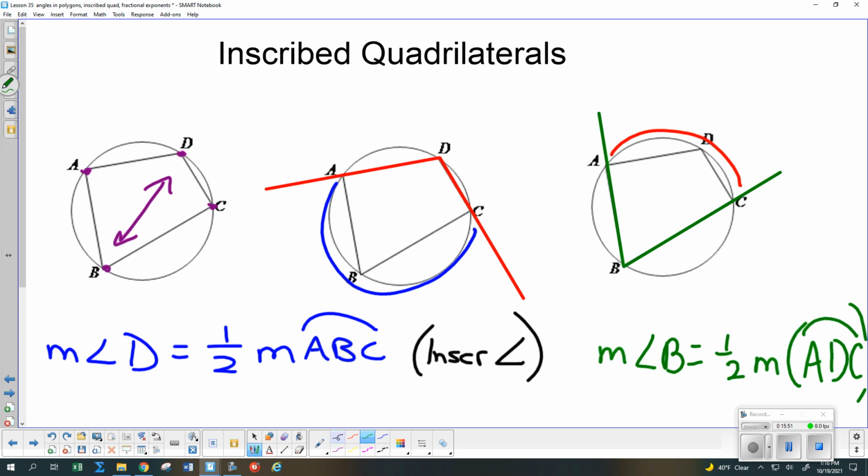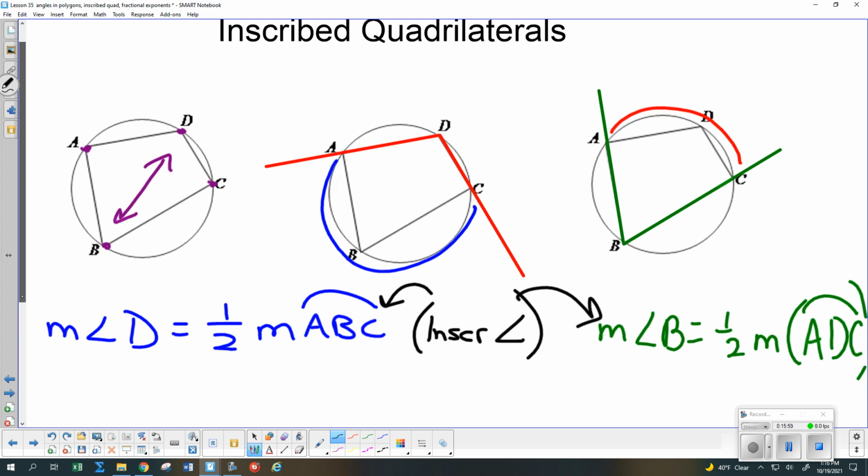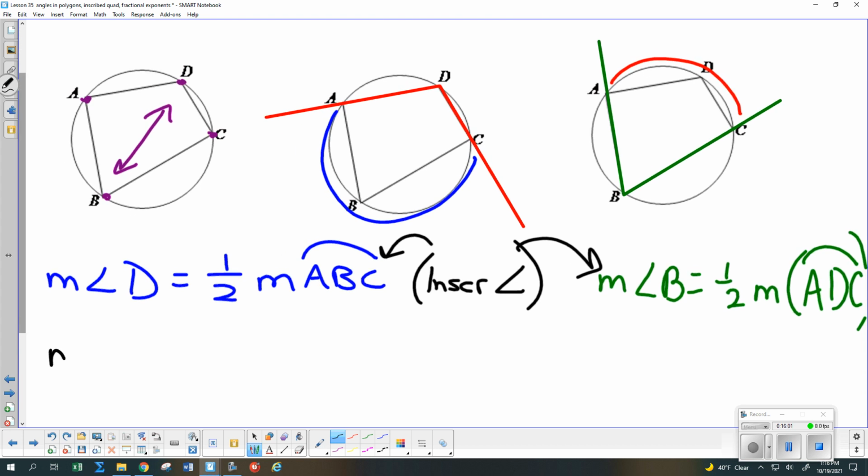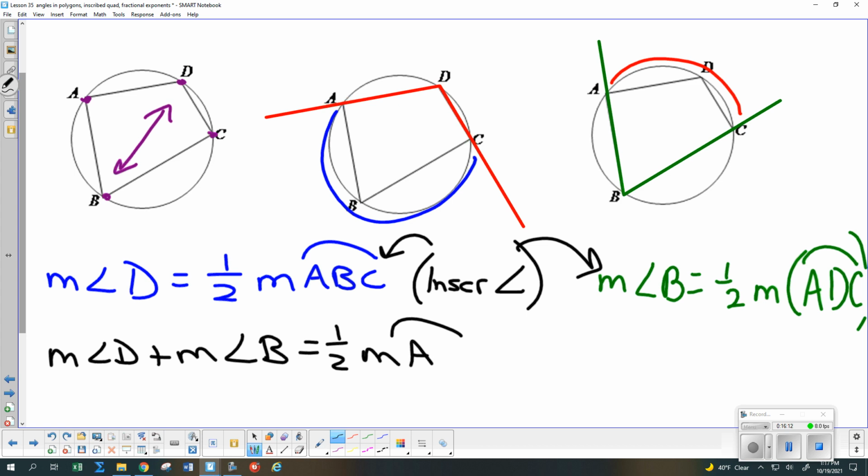And that is because that is also an inscribed angle. Now to get to something special about those opposite angles, I'm going to add them together. I'm going to take the measure of angle D plus the measure of angle B. Well, I know D is 1/2 of ABC, plus I know B is 1/2 of ADC.